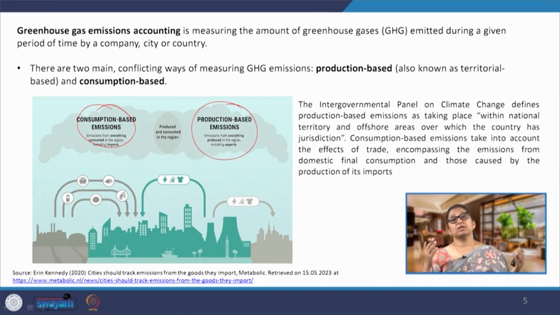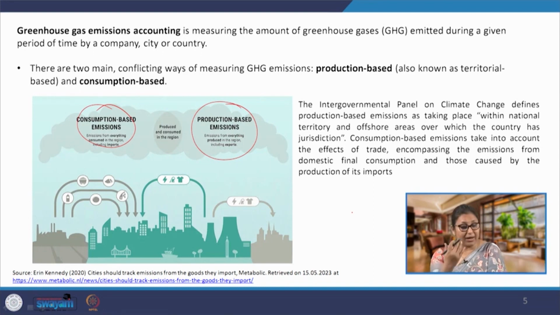So, we have to take a stock of all that is being imported, and then we also have to continue to account for the pattern of consumption, how much is getting consumed, of all the goods that are going to be there. So, often the numbers that you will find are production based emissions most of the time. Very few cases are available where we have consumption based emissions also.